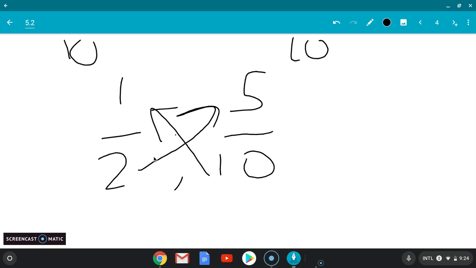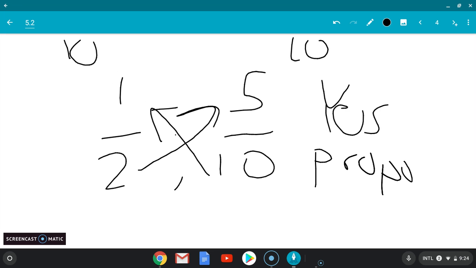If you do this cross multiplying and you get the same number, then they're proportional. So you're going to say, yes, proportional. All right, I got sloppy there.